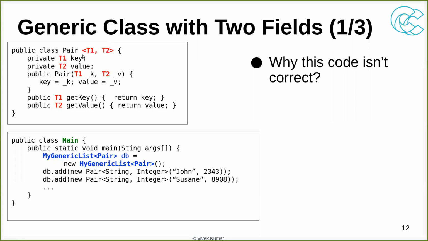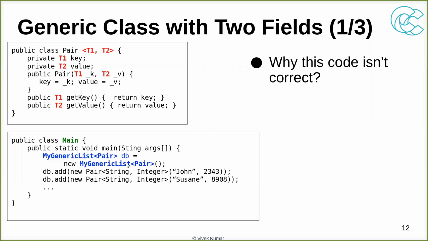For example, it can be string and integer, integer and integer, or integer and string, and so on, right? So you have a key and a value. Key is of type T1, value is of type T2. You are making the assignment in the constructor, and there are getters for key and value.